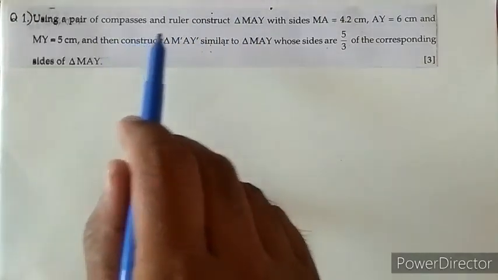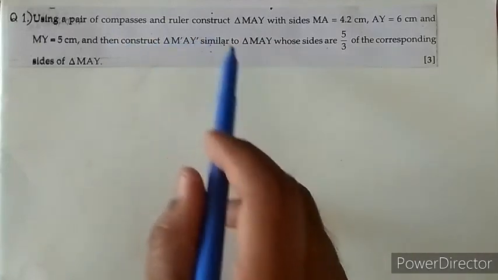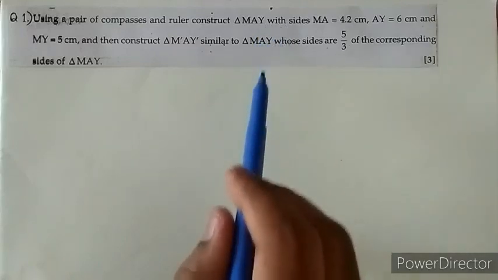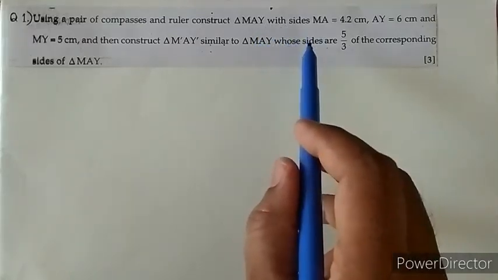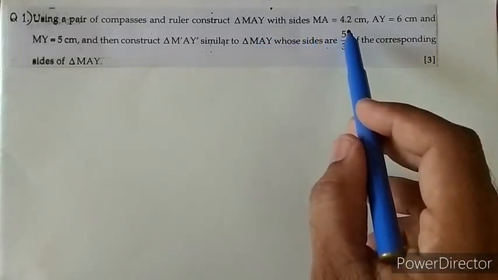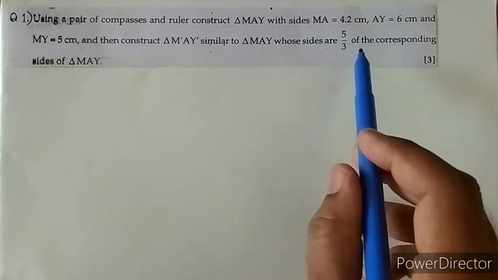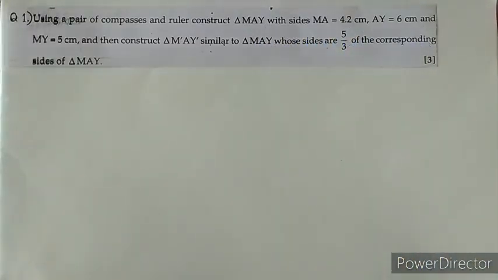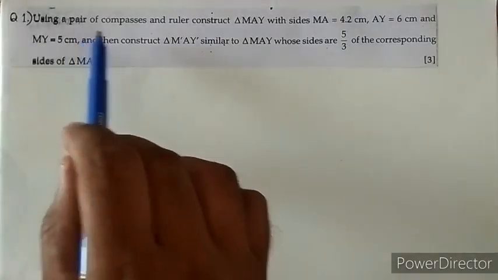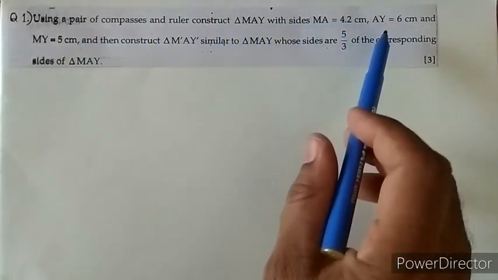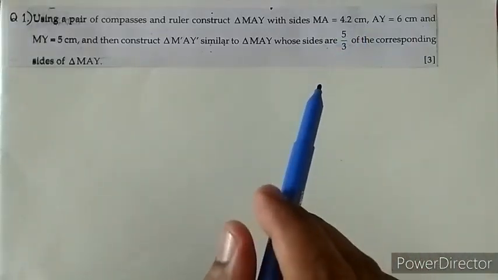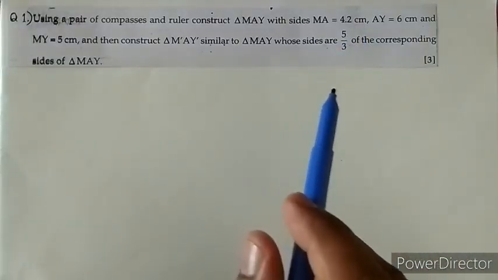So we have to construct another triangle M bar A Y bar similar to triangle MAY, similar to the first triangle that we have drawn, whose sides are in the ratio 5/3 times the corresponding sides of triangle MAY. So first we have to draw a triangle whose sides are given, and then we have to draw another triangle similar to that. So first thing will be our rough work.